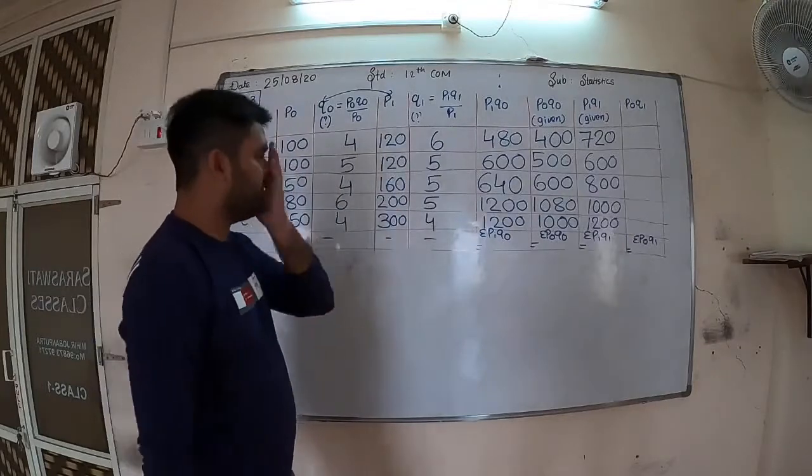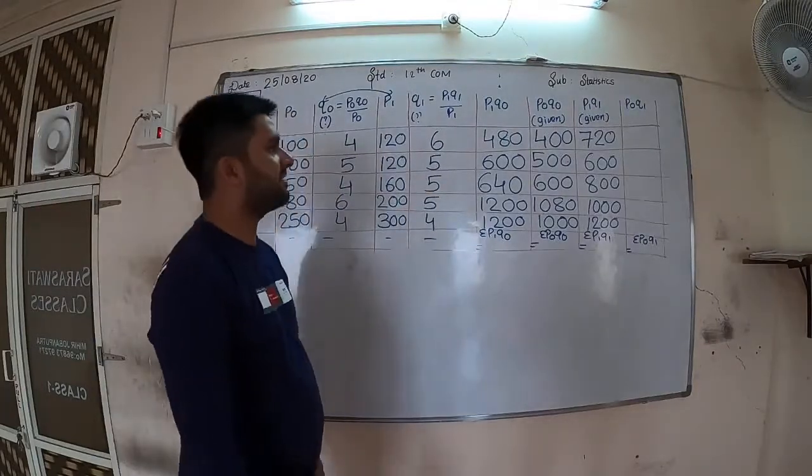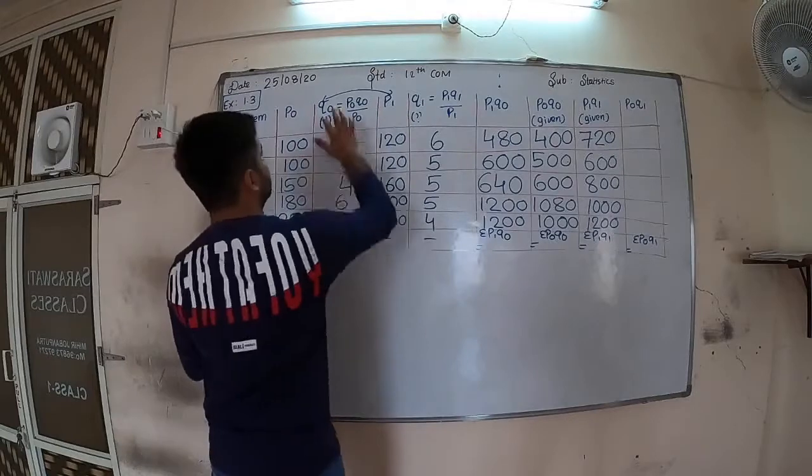Now totals we will do at the last, because all the columns are here. Now P0 Q1, friends.